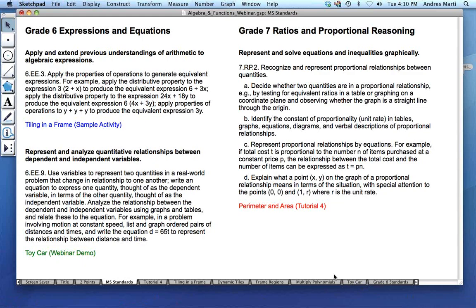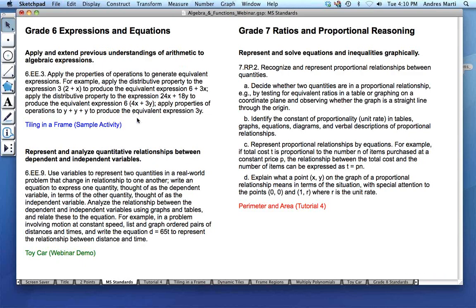And in the middle school arena, the standards, especially in grades 6 and 7, you'll find them under the domains of expressions and equations, as well as ratios and proportional reasoning. And I'm not going to read these standards out loud. You can take a quick glance at them right now, and they will be in the sketch that you will be able to download.